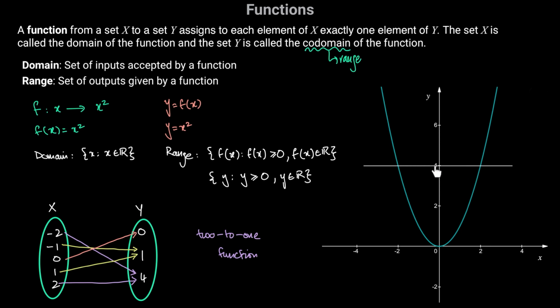For example, the output 4 is a result of x is equal to -2 or x is equal to 2 over here. So that means that despite me changing the input, I'm still getting the same output in certain cases. Hence, it is not a one-to-one function. In this particular case, it is a two-to-one function.